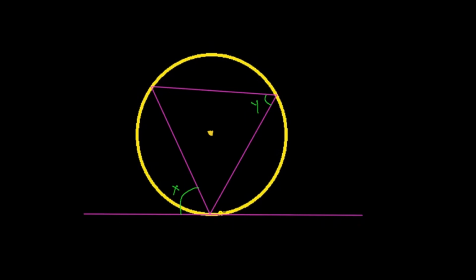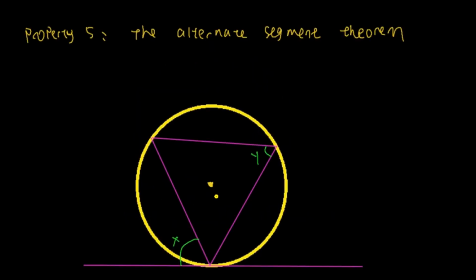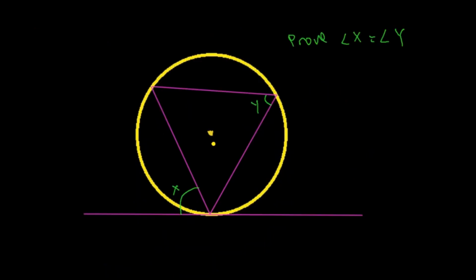Angle y and angle x should be the same. So let's prove this here. Prove that angle x is equal to angle y. That's what we have to prove. That's what the alternate segment theorem is saying. Okay, so how do we prove that?